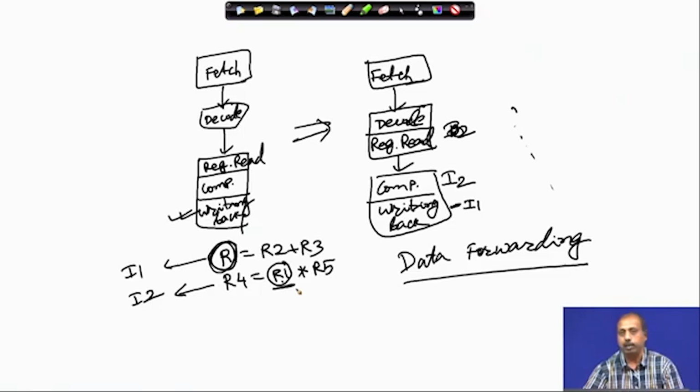The architecture supports this facility, and it is the compiler's job to identify those situations and mark that data forwarding should take place at those places, and then the control words will be generated so that it is taken care of.